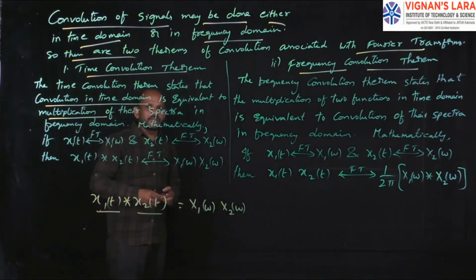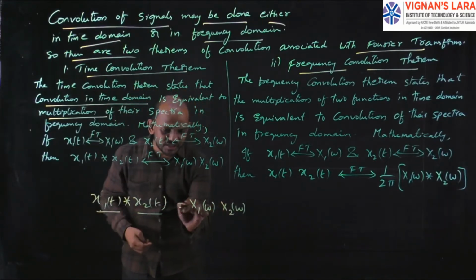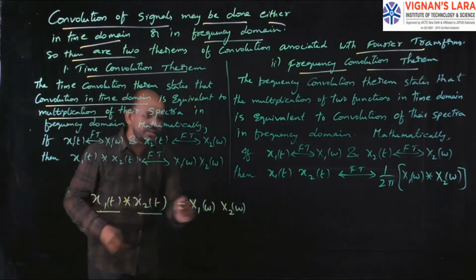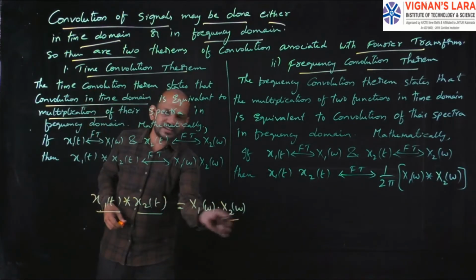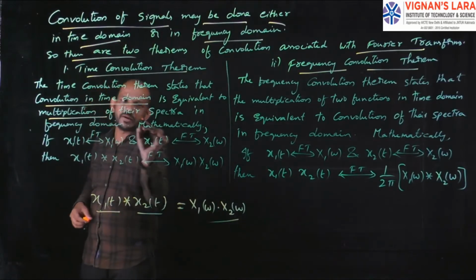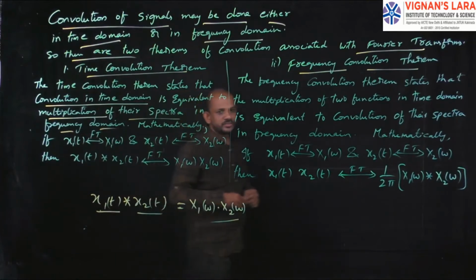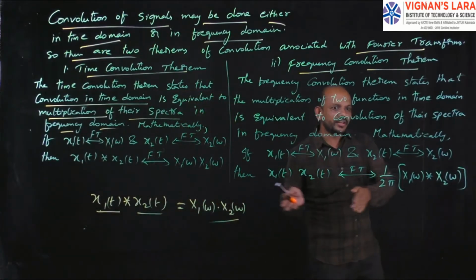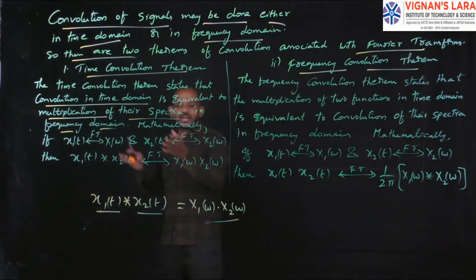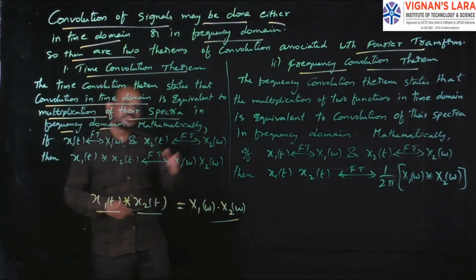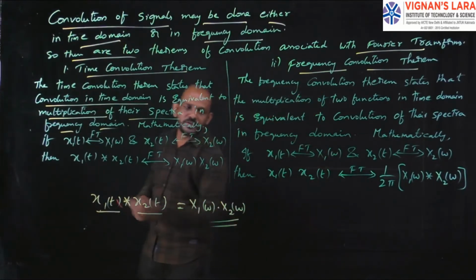So here the time convolution states that the convolution in time domain is equivalent to the multiplication of their respective spectra in frequency domain. So multiplication in one domain is equivalent to the convolution in other domain, or convolution in one domain is equal to the multiplication in other domain. Simple logic. So based on this we have the two theorems.